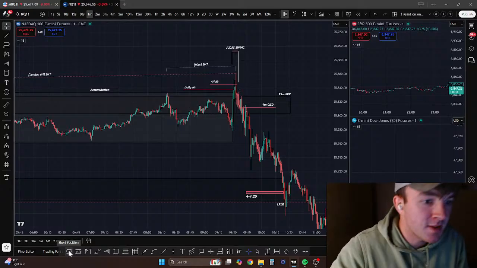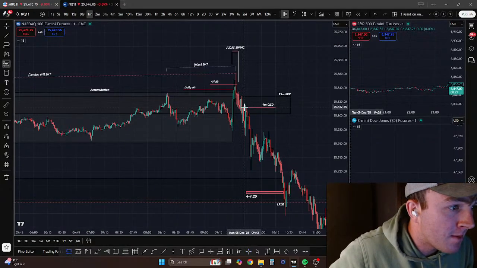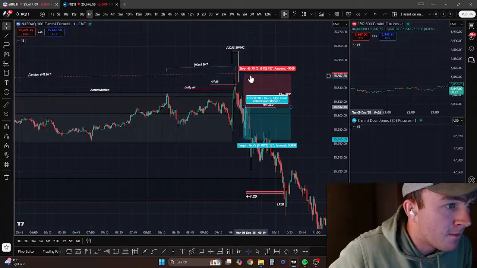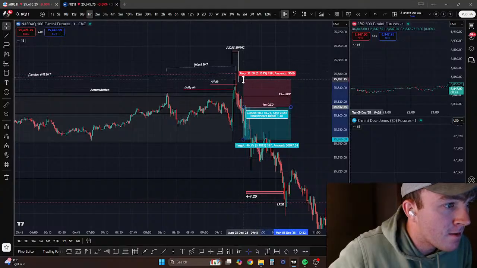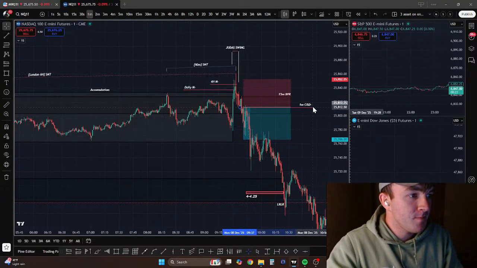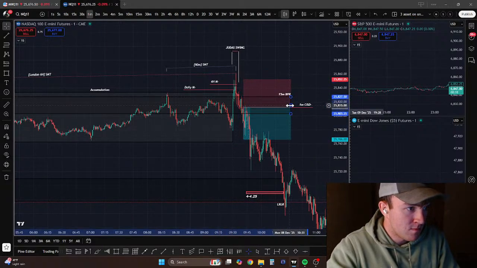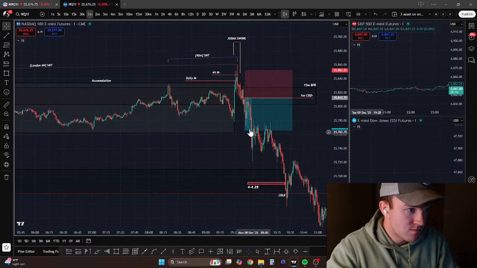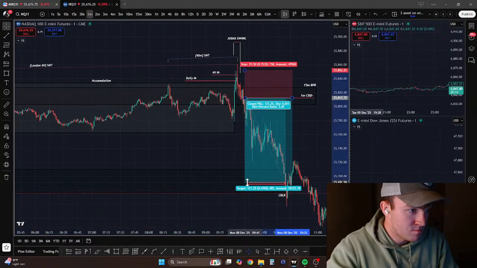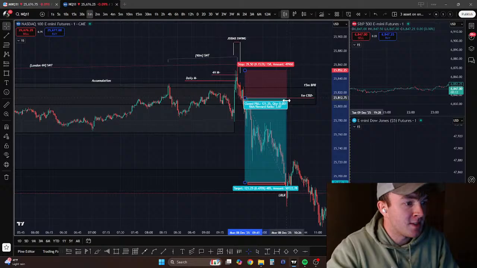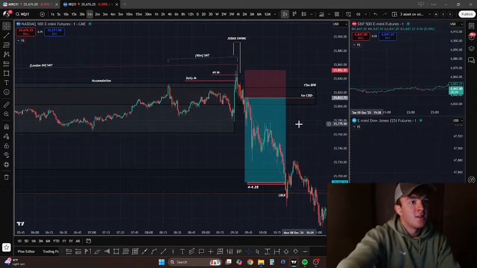That's all that matters to me. So I'd go stop loss above the pin bar. Yeah, I think the pin bar is an easier way to trade this, honestly.